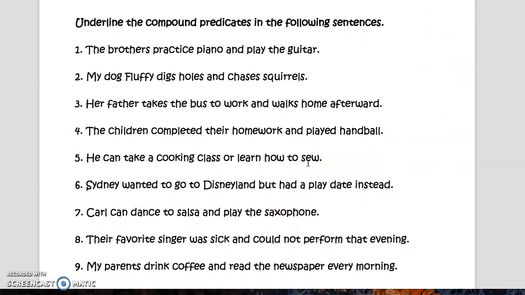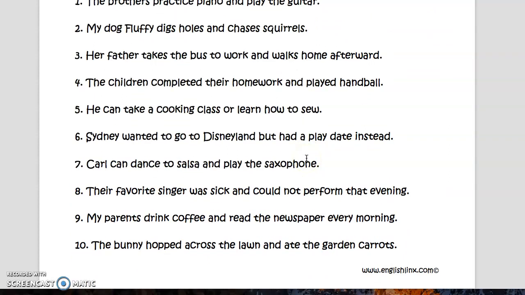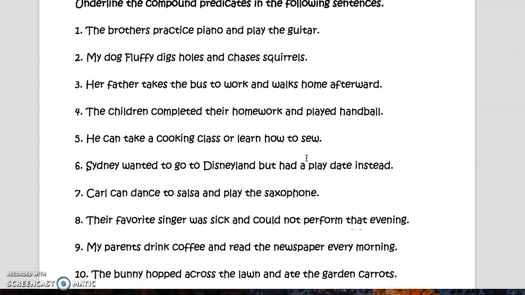So when you get to your assignment, right, you have 10 sentences that you're going to be underlining, circling, or writing out in your space provided in your assignment the compound predicates. Make sure you go back and look at my video as many times as you need to, looking at examples, and complete your assignment for the week.